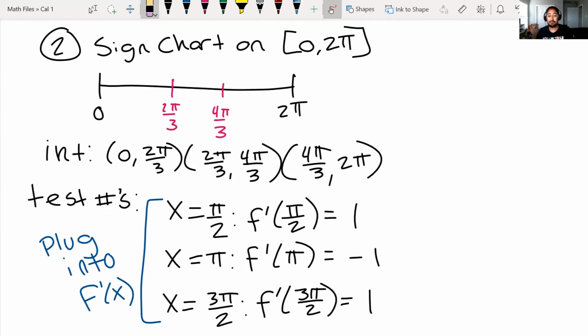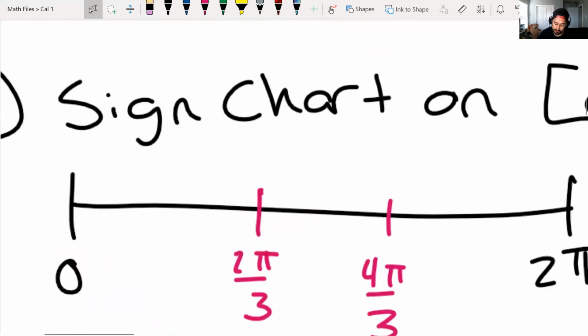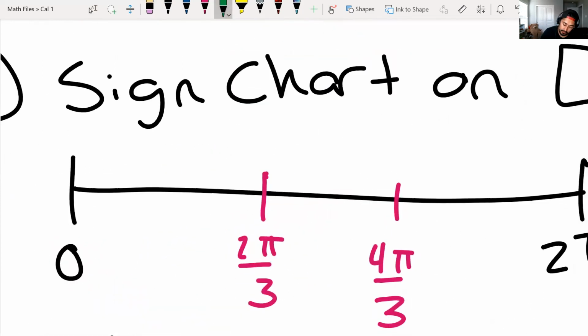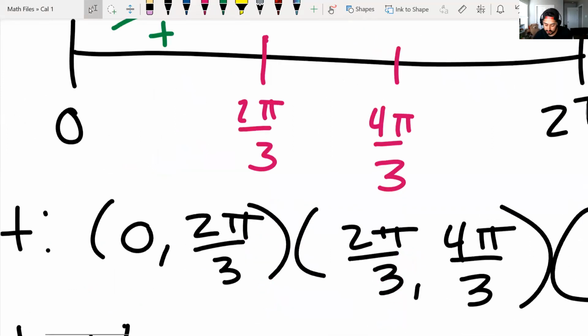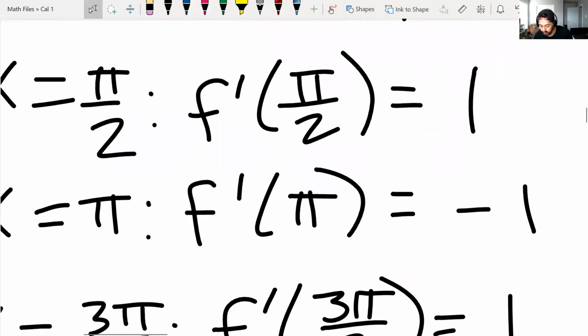Okay. So again, I don't care about the number. I only care about the sign. So from 0 to 2 pi over 3, we got a positive output of positive 1. So this means from 0 to 2 pi over 3, we are positive and increasing. And then the next number was negative 1.